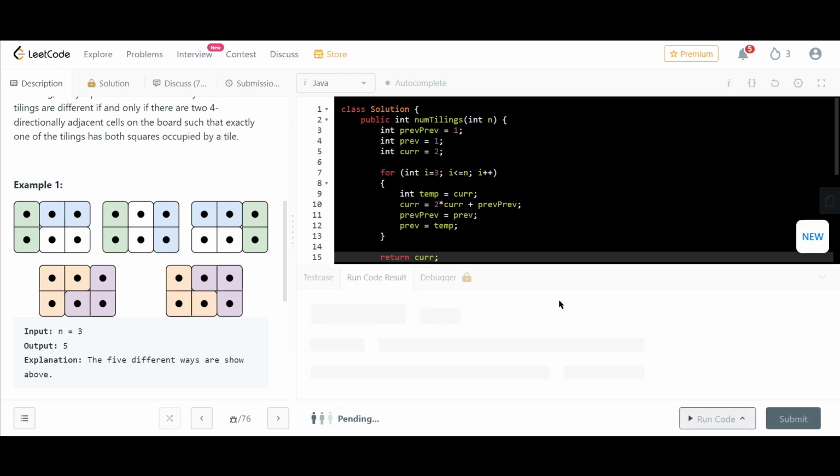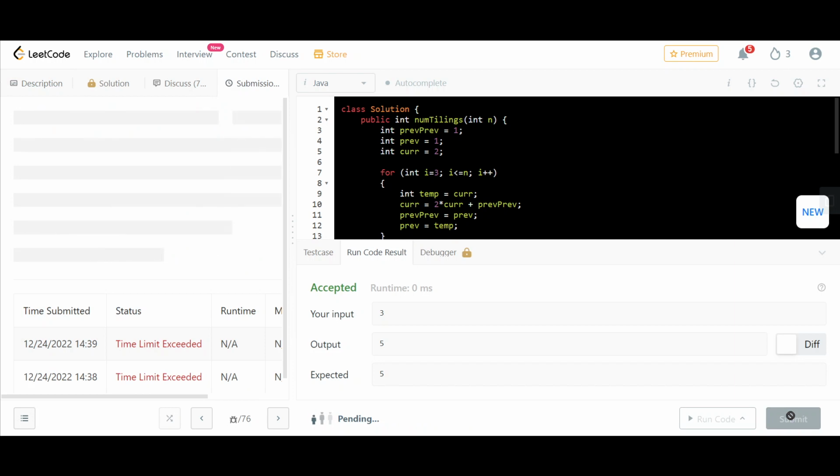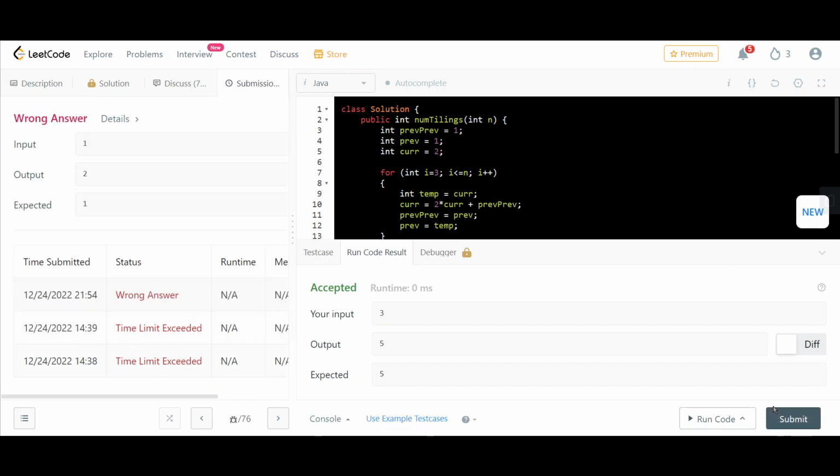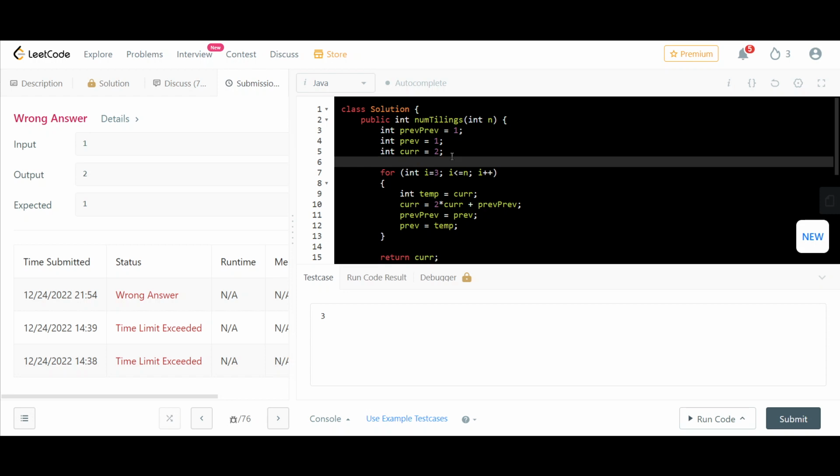Okay, run code. Okay, and submit. And you get a wrong answer. For n equals 1, output is 2, expected is 1. Okay, but why would it fail for n equals 1? Okay, fine.